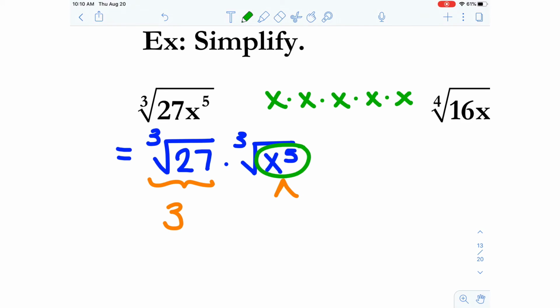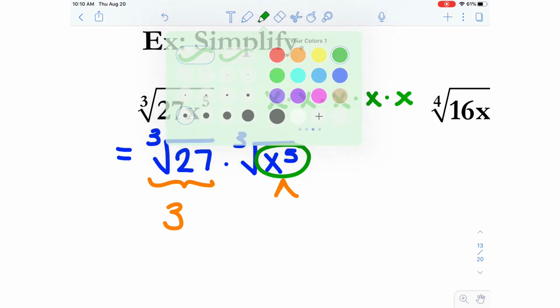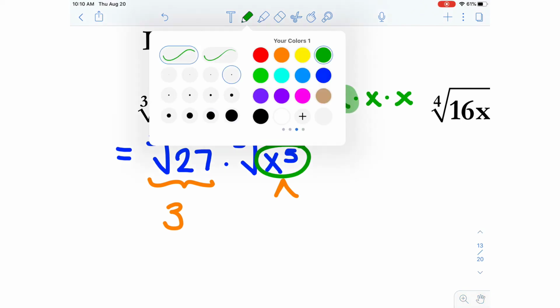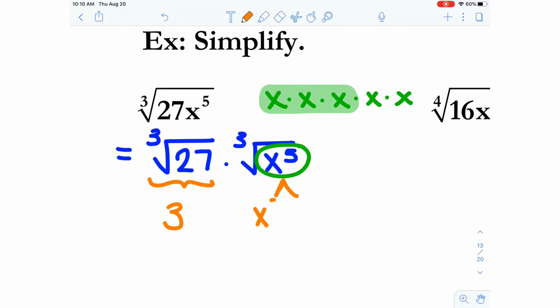All right, so let's rearrange this a little bit. I hope you guys can agree that I can rewrite this as x cubed times x squared, right? Because there's 2 x's left over.